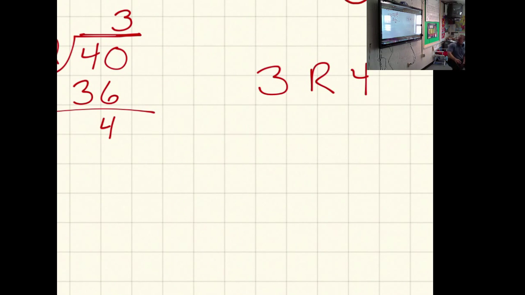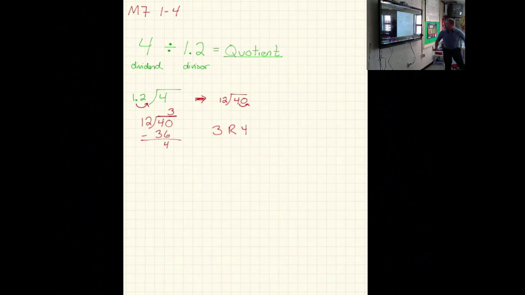Now, I don't really like writing it like that. Sometimes we can write our remainder over our, what, dividend or divisor? Dividend or divisor? Let's think back to it. Yes? Dividend? That was a great guess.